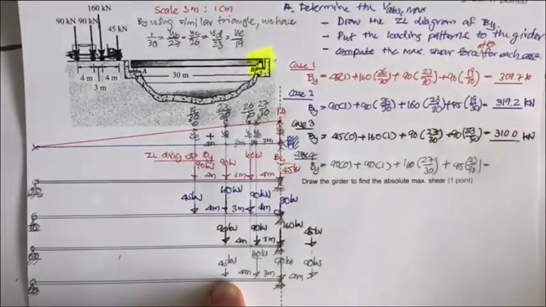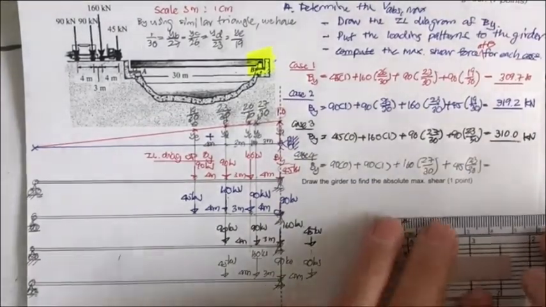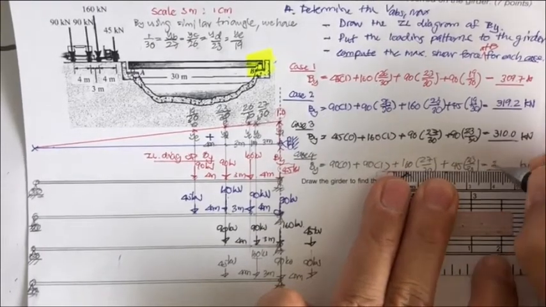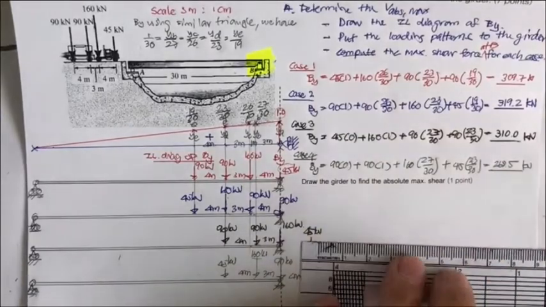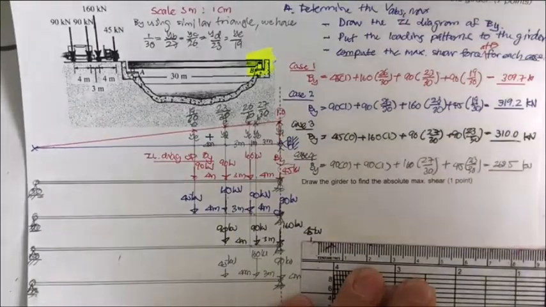And then you get 268.5. So the last one, 268.5, is going to be the smallest one.